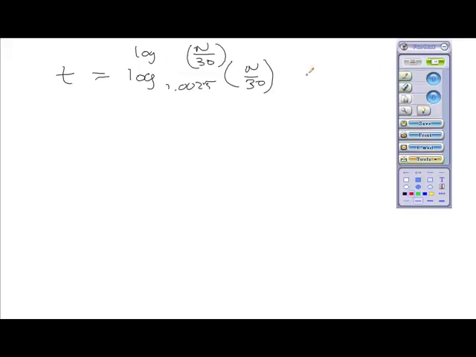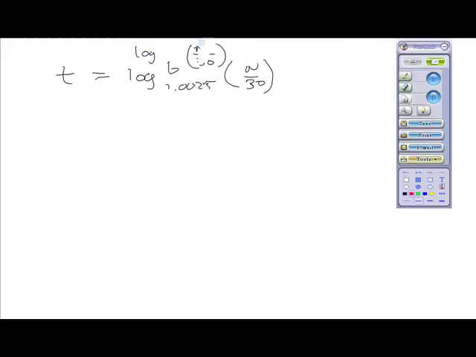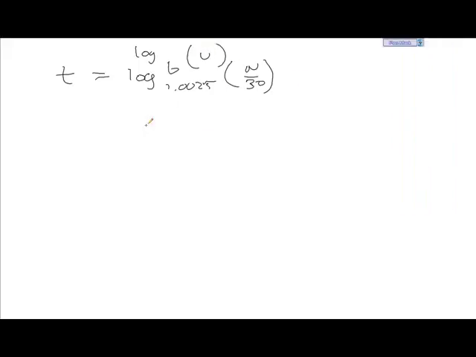We call it the base b in the exponential, so we'll call it b here as well. And in this case, we don't just have an input variable in the parentheses, we have a function of n. Specifically, we've got to take n divided by 30. So we're going to need to do u prime times 1 over the natural log of b times 1 over u.